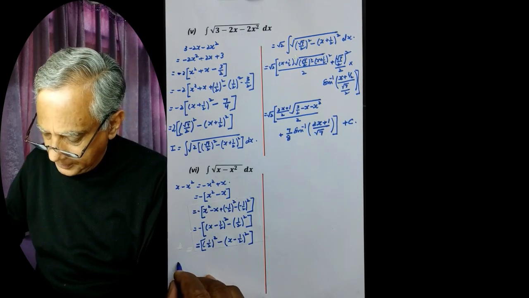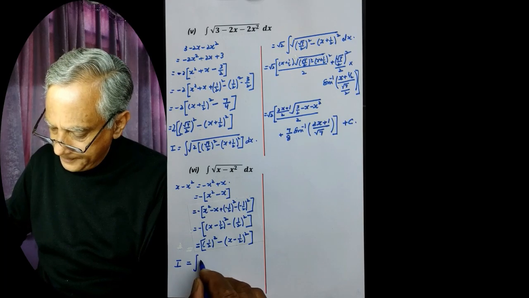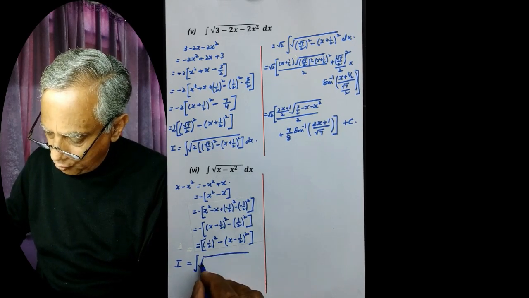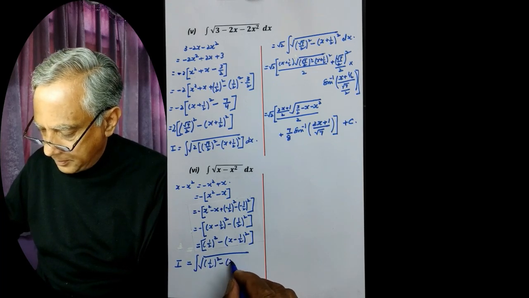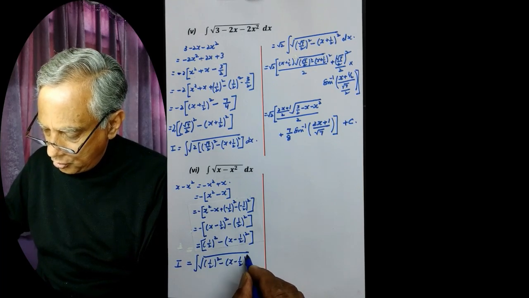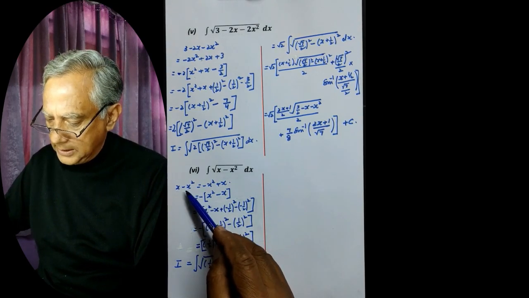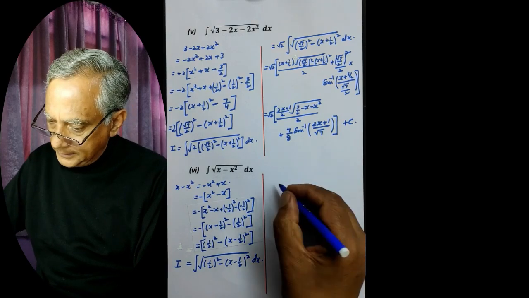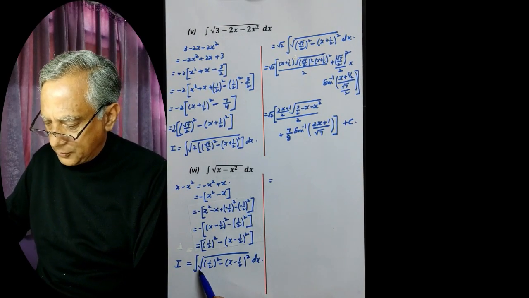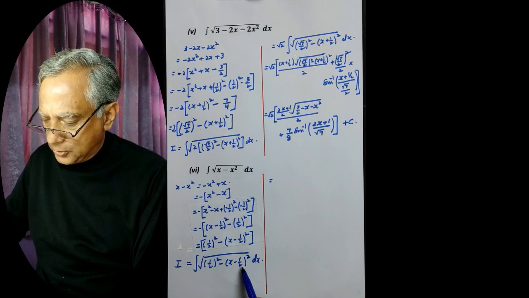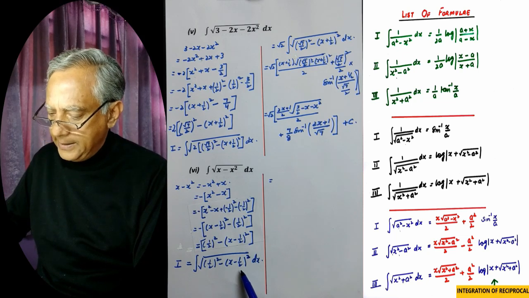And therefore this integral can be written as integral of under the root (1 by 2) whole square minus (x minus 1 by 2) whole square dx. We have substituted this by this, and now the formula for this will be a square minus x square. So for a square minus x square the integral is sine inverse x by a.